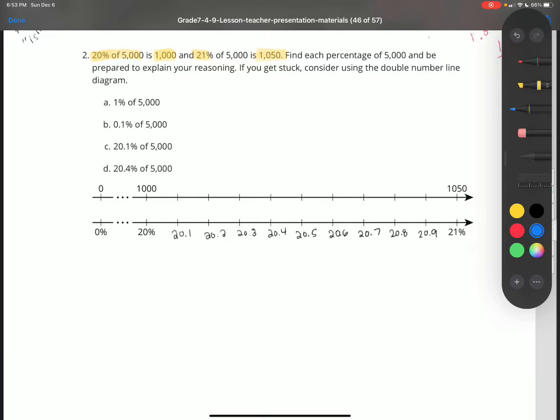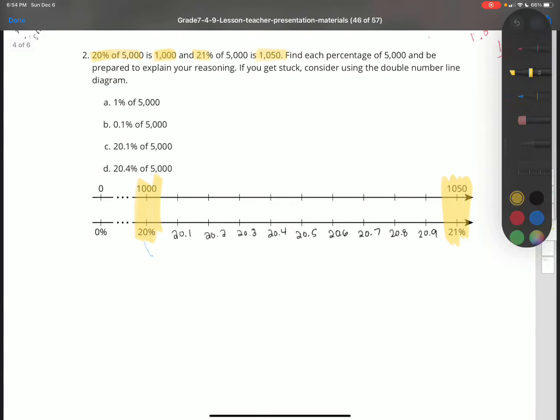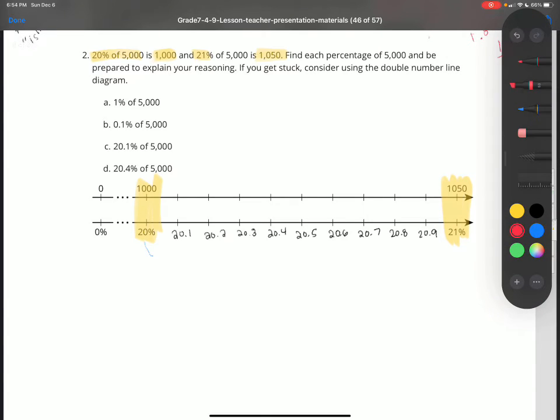If I need to find the 1%, it gave me 20%, and it gave me 21%. If I can subtract those percentages, I could actually find what's 1%. And here's what I mean by that. I'm going to highlight right here on the double number line. So I can subtract those two to figure out the difference and figure out what is 1%.